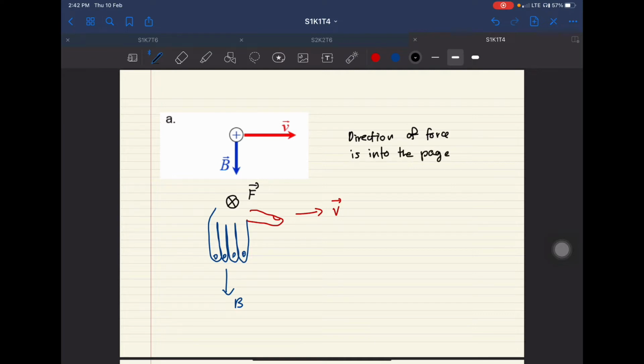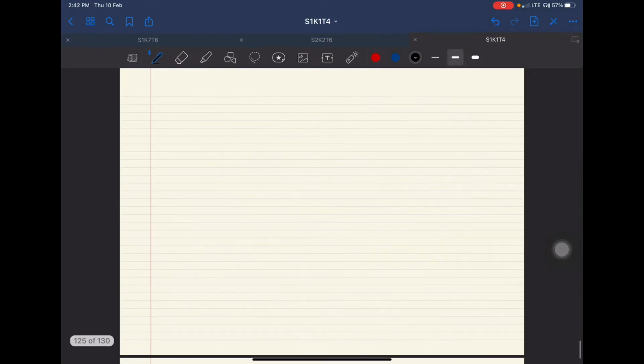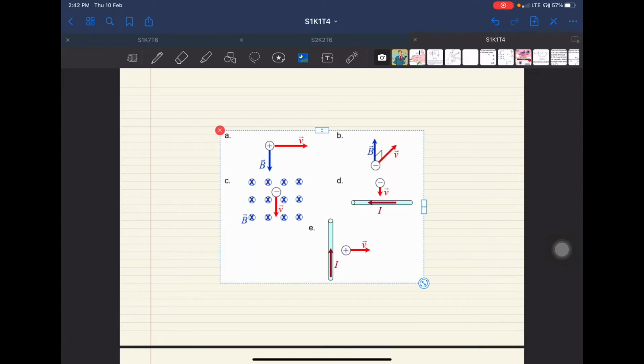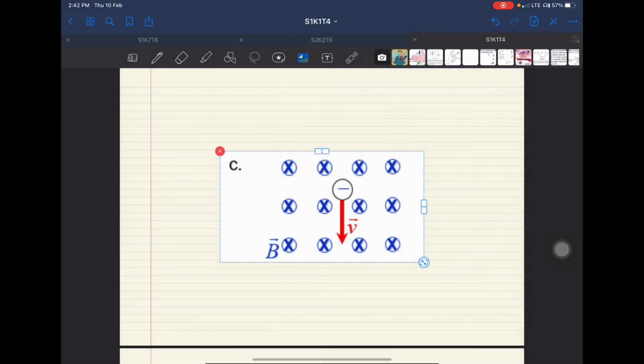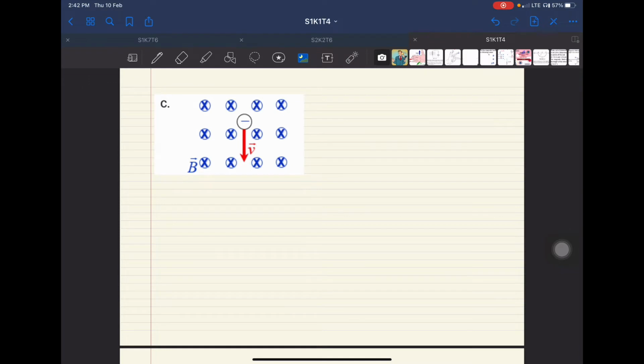Okay, and then next example, maybe we can try version B just now. I think I will skip B because I didn't really like the diagram. Anyway, for C, if you want to solve this one, again, point your thumb in V direction.